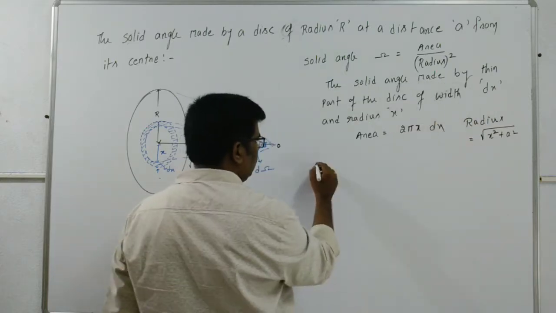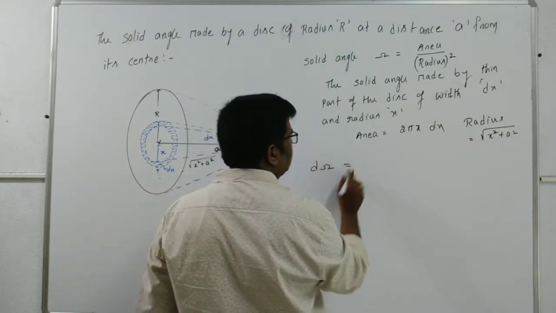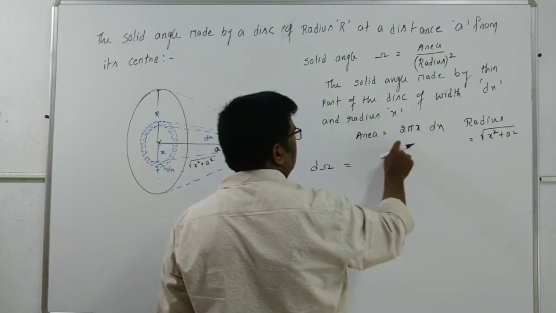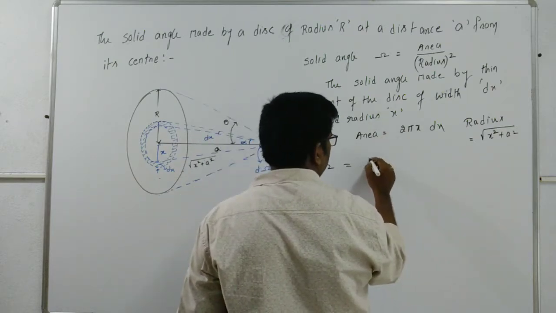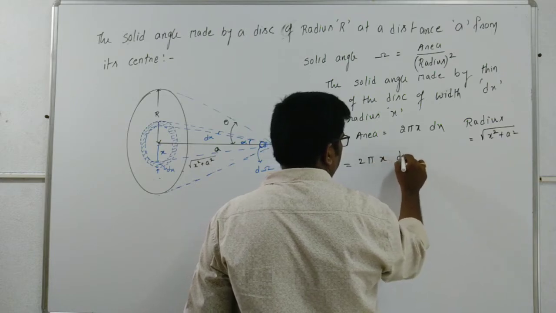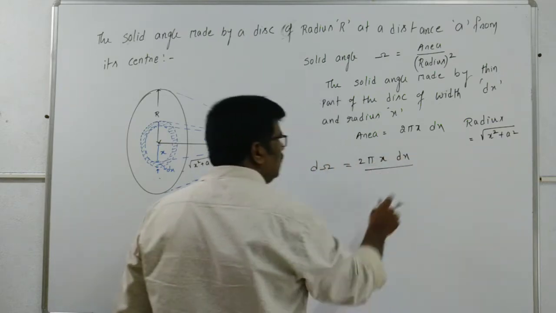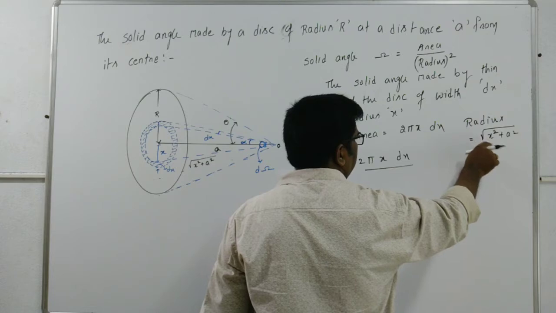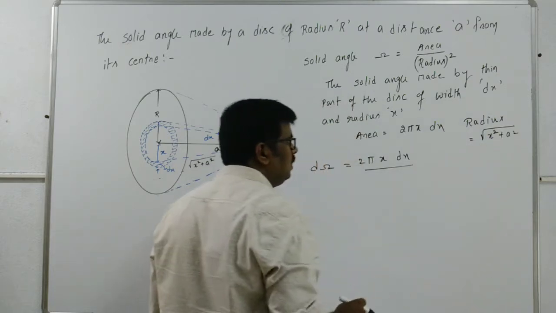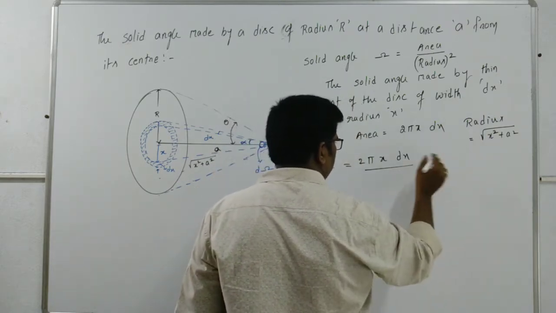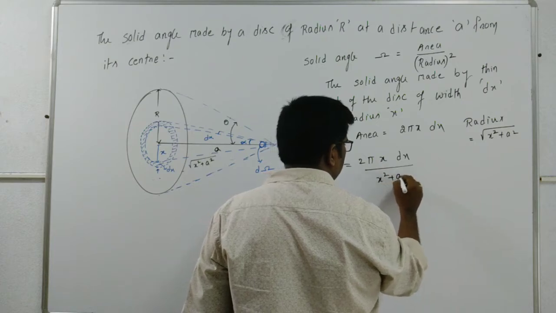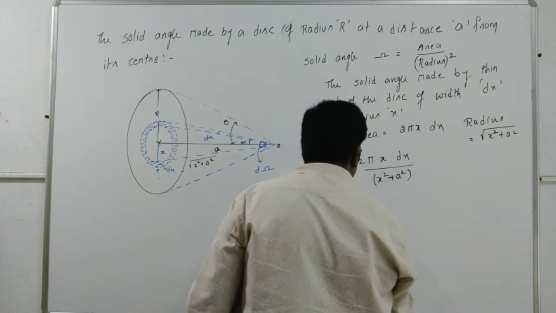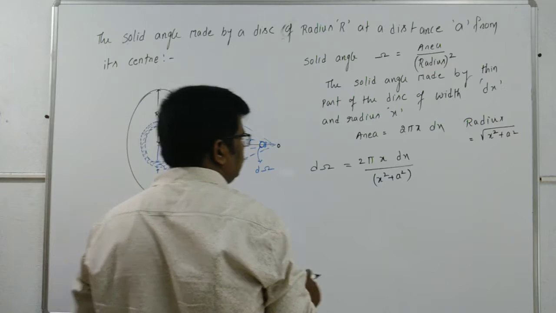So the small solid angle d omega is equal to area, in the sense 2 pi x dx, by radius square. Radius square means square root, and this will be cancelled. Square and square root, then it will be x square plus a square.